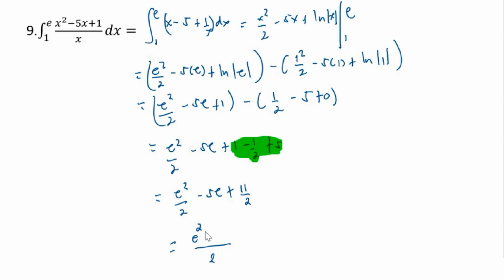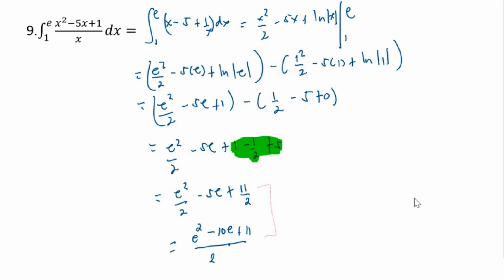So we have e squared minus, this will be 2 times 5 is 10e plus, we have now 2 divided by 2 is 1 times 11 is 11. So we have the final answer now of e squared minus 10e plus 11 over 2, or either of these two answers I will accept up to that point.